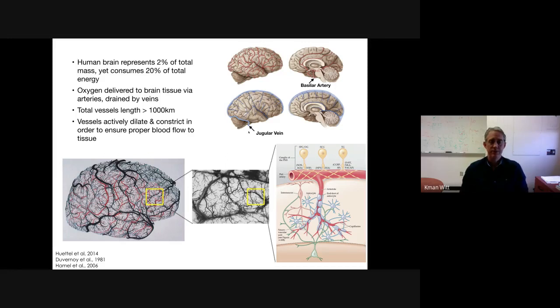And since the brain is incapable of stockpiling oxygen, the cerebral vasculature can very quickly actively dilate and constrict in order to efficiently send blood to the areas that need it.